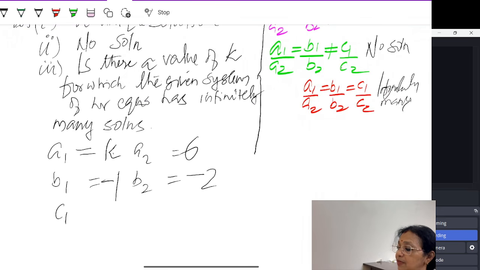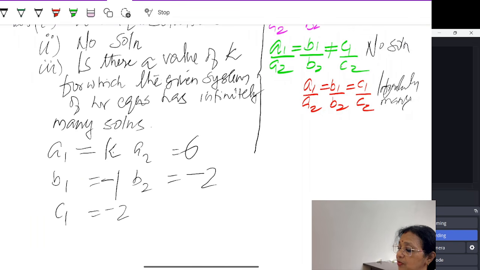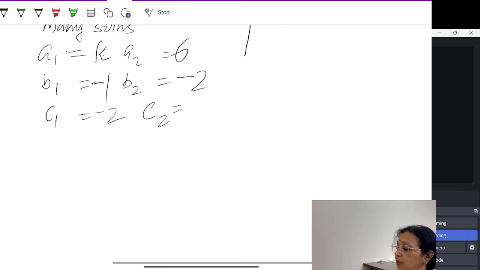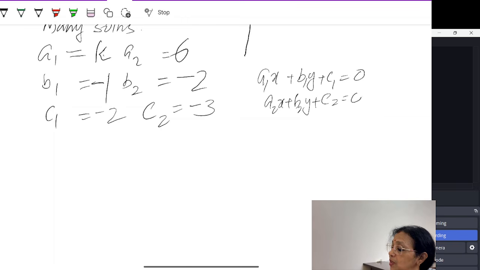And C1 is minus 2, and C2 is minus 3. Because our system of linear equations is of the form a1x plus b1y plus c1 equal to 0, a2x plus b2y plus c2 equal to 0.